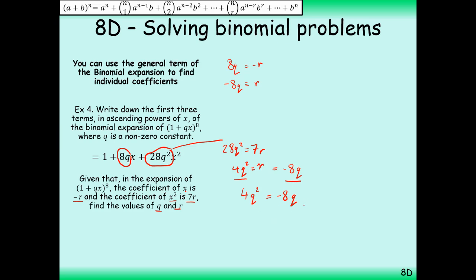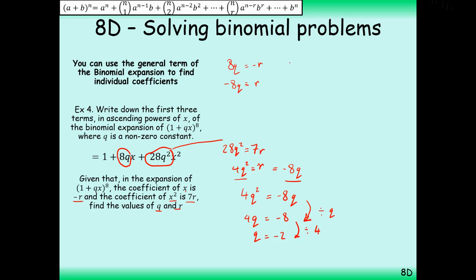So if we divide by q, we know q is not going to be 0. It's not going to be 0 because otherwise our binomial expansion would be pointless. So we are allowed to divide by q. So we're going to get 4q equals minus 8, and divide by 4, and we will get negative 2. So q is minus 2.